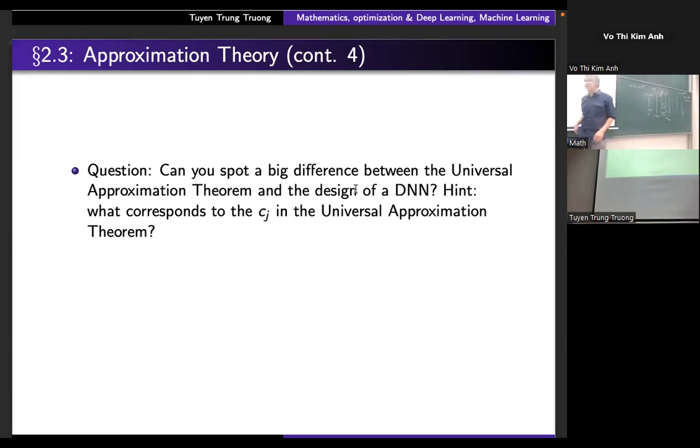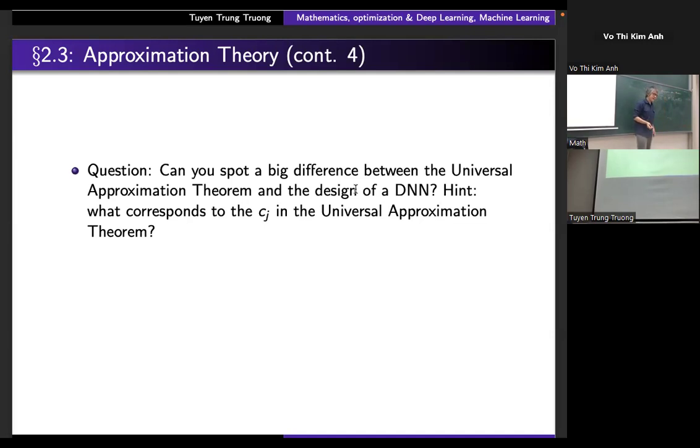What happens in the universal approximation theorem is that you have a sum of c_j sigma(L_j x + e_j).